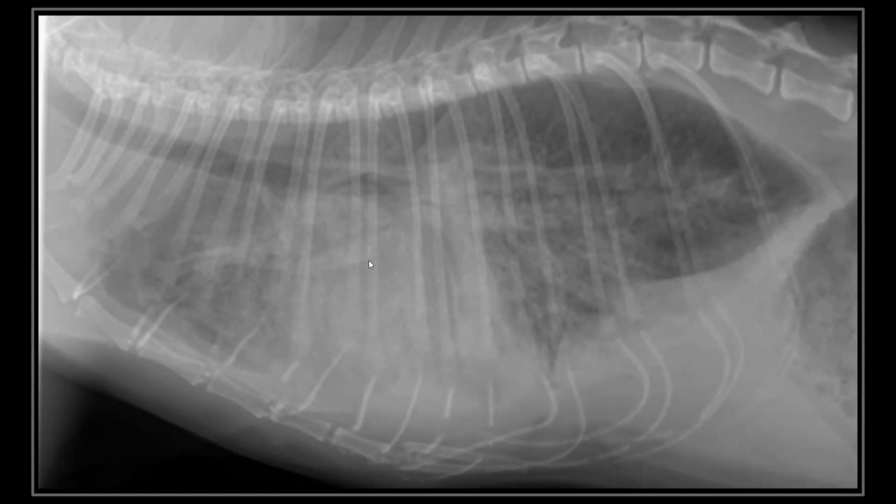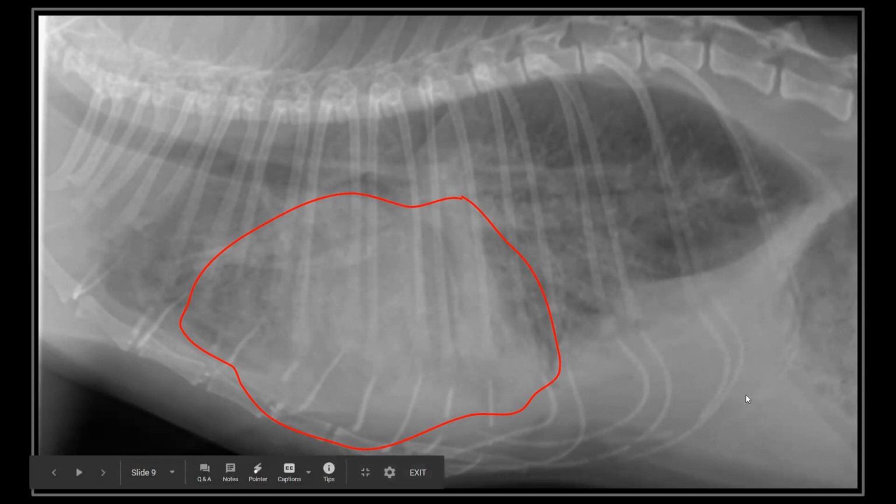We also have pulmonary venous distension here, and you can see that we have an overall cranioventral pulmonary pattern. And here it's more like an unstructured interstitial, but again, that's one that we group into this pattern. We also have a little bit of pleural fluid here, most likely around the caudodorsal lung as well. So all fitting with a pretty typical cat in heart failure.